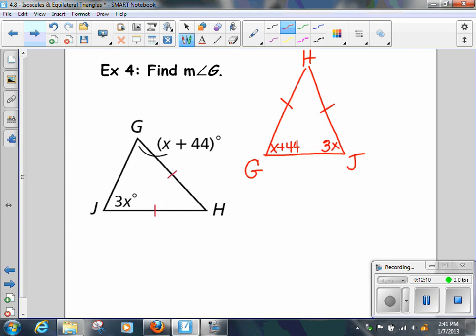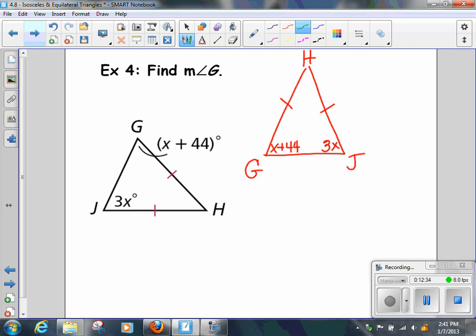Justin, go. Not on this one. Why? Because I have two congruent sides. Do you guys agree with that?